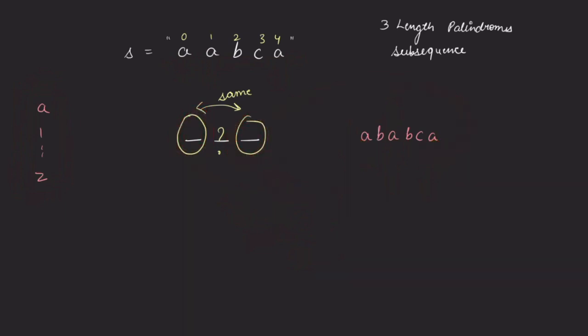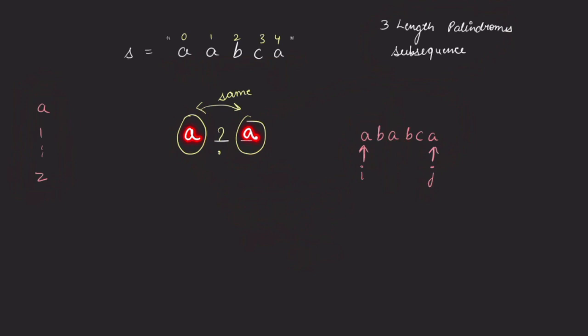So basically, for A, I will always put my first index over here and last index over here. Why? So that I can count all the three-length palindromic subsequences that are being formed if I consider this character to be A, at once, right?